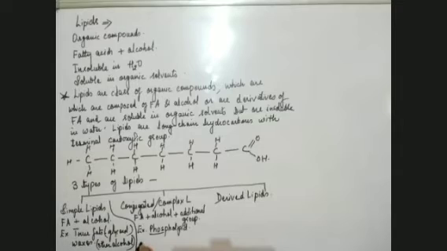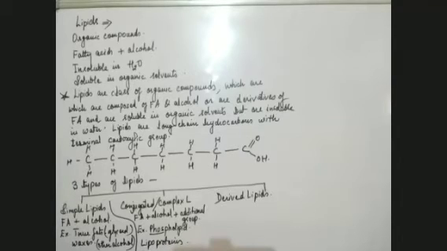The second example is lipoprotein. Lipoprotein is a lipid, that means it has fatty acid plus alcohol, and the additional group is a protein. So we call it lipoprotein.